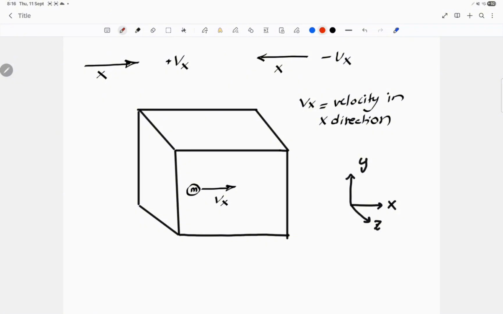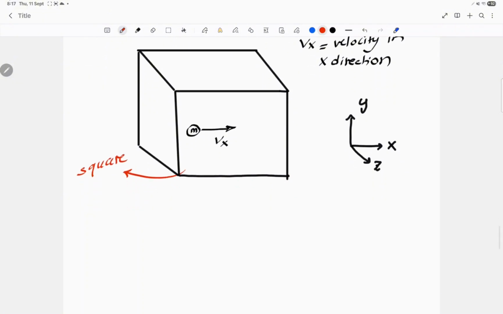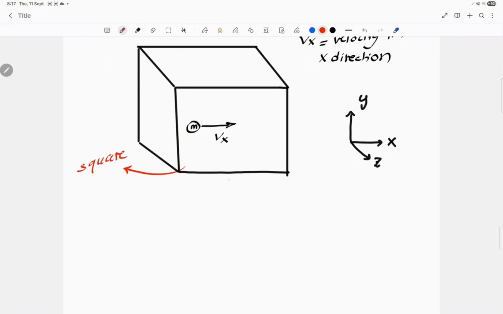Now, this is a cube, and right now we're looking at one face of the cube, which looks like a square, and each side of the square is of length L.